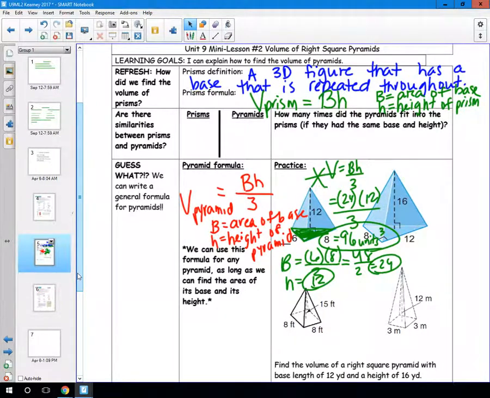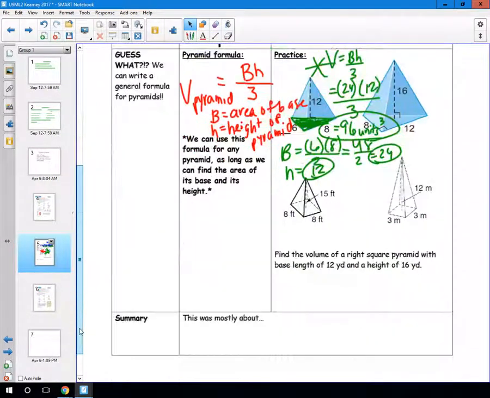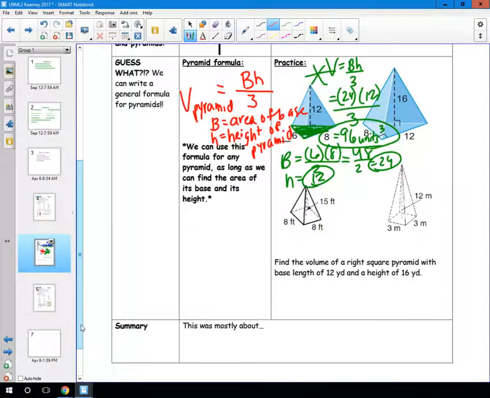Okay, I'm going to do one more with you, so you see just how easy this is. We're going to do this one right here, just below. So I'm going to find my big B. So my base, what do you see the base is? The base is a square, so I'm going to do, down here at the bottom, it's a square. So I'm going to do 8 times 8, which is 64. And then my height, what's my height of my whole figure? How tall is my pyramid? That's right, it's 15.